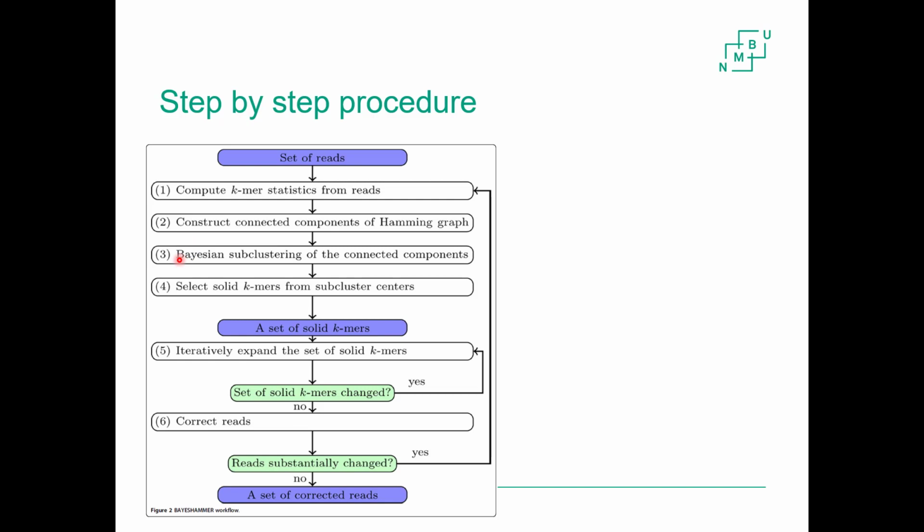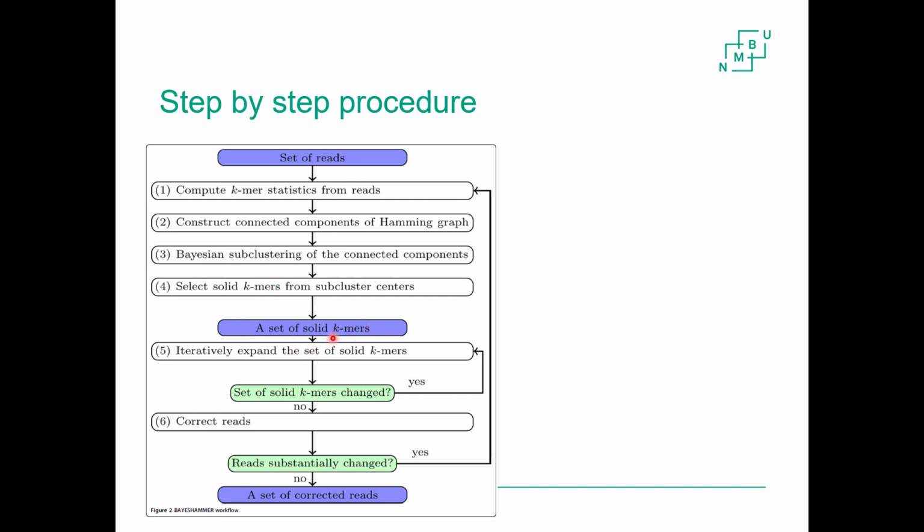Then there is a Bayesian subclustering of the connected components, and here is where this k-means clustering comes into the picture. So subclustering is the important thing here. Then from this they collect something they call solid k-mers. So we will see what this is.